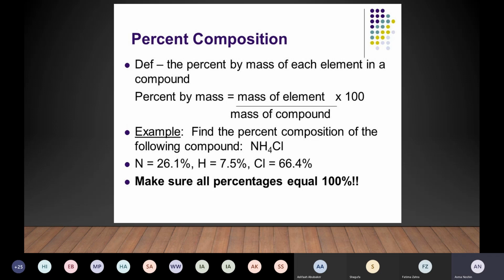Okay, Ali, just pay attention and I will ask you. Is it clear for you now? Okay. So till here, everyone, no confusion. Okay, fine. We can move on to empirical and molecular formula.